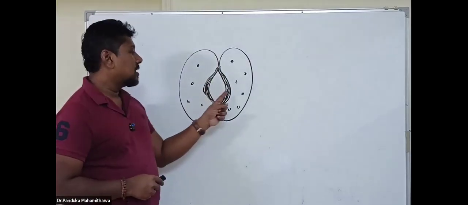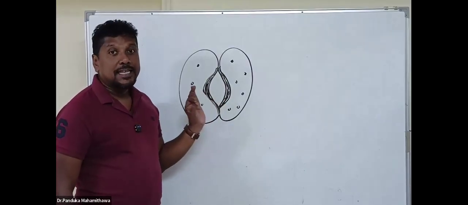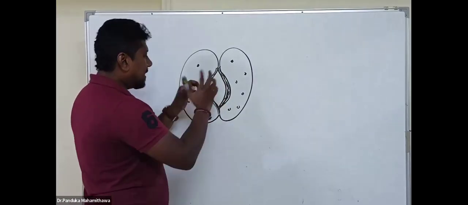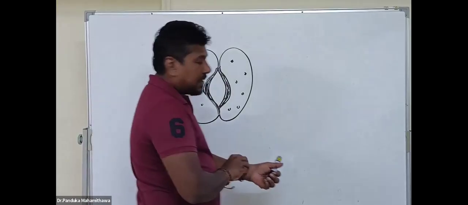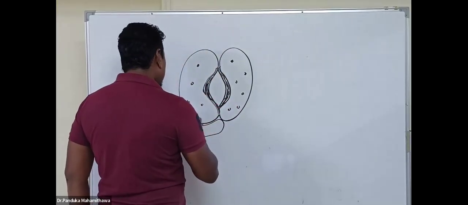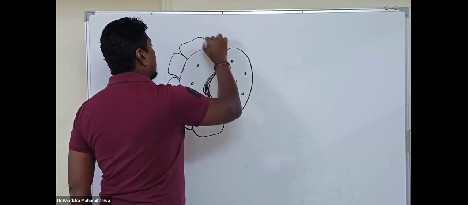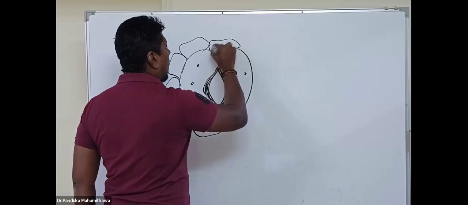Inner cell wall is thick, outer cell wall is thinner. And this is covered by the other normal epidermal cells, arranged very tightly.